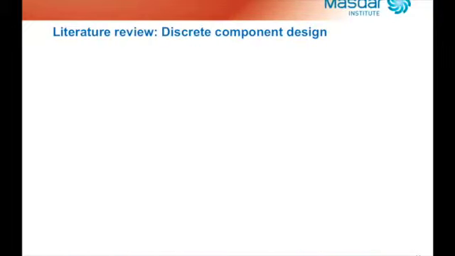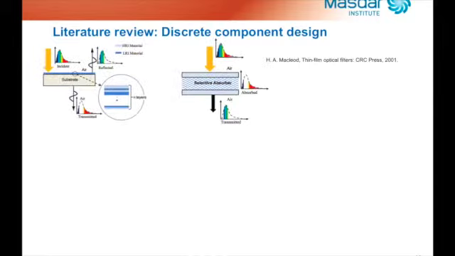So let's go through a review of the discrete component design that are being proposed in literature. And in this first part, I will focus on the splitting element. So for what regards the splitting element, literature has used different solutions.